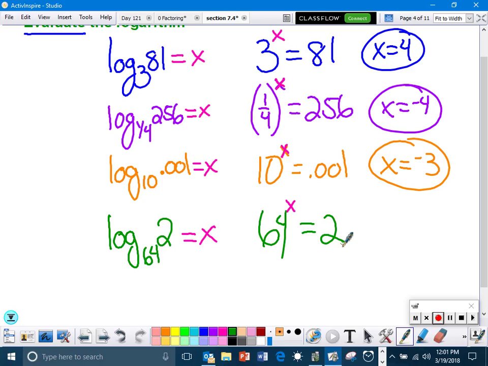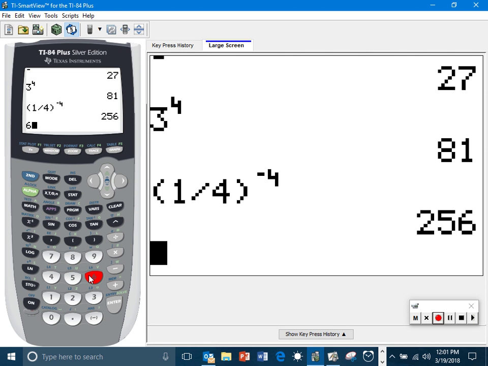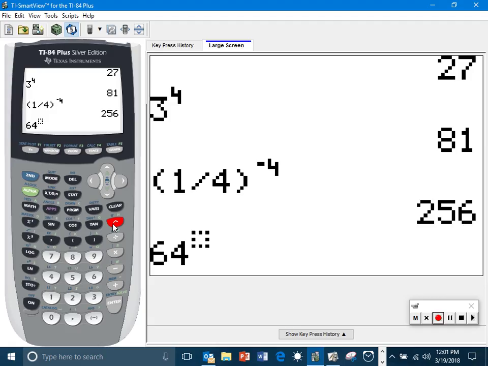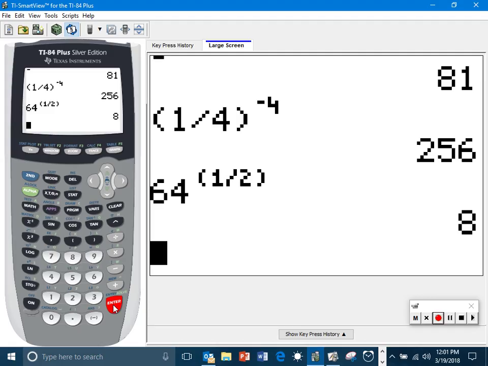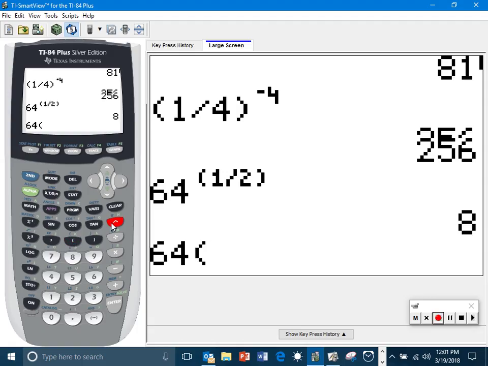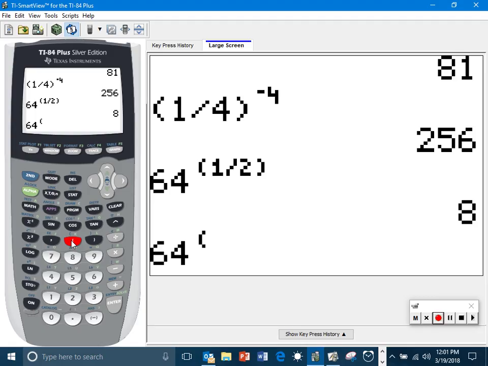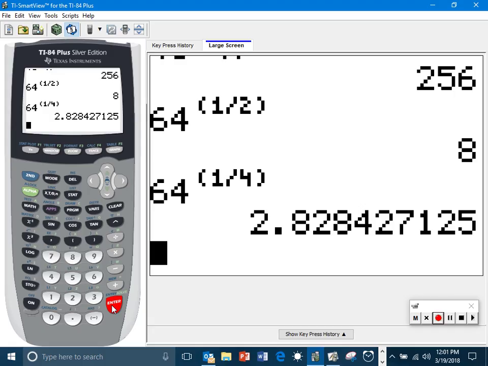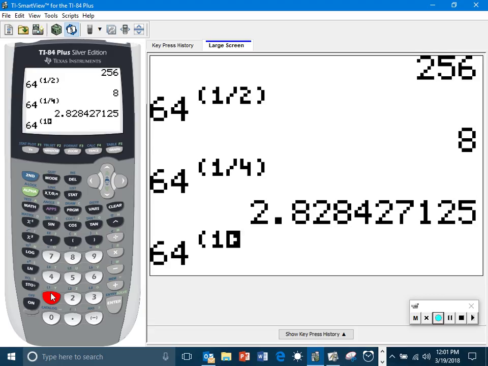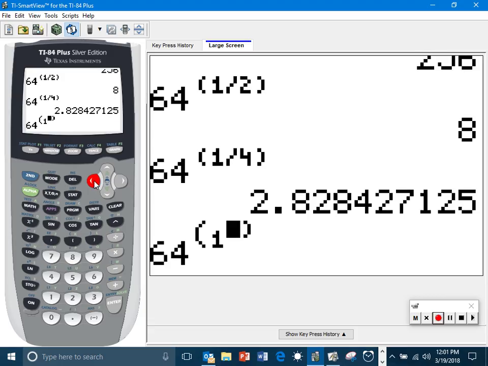So sometimes you may have to try different fractions. Let's try the fraction 1/2. Well, I know that's not going to work. That gives me 8, and it's a 2. So you keep trying different fractions. I'll try 1/4, and I find out that no, that's a decimal, but you'll notice I'm closer to 2. Well, in the end, we end up finding the fraction 1/6.